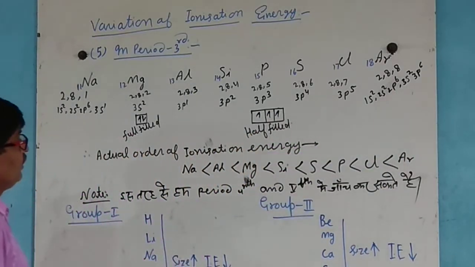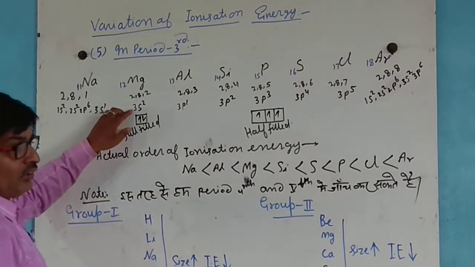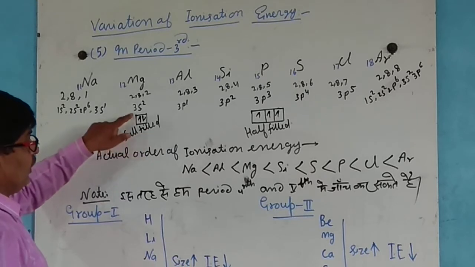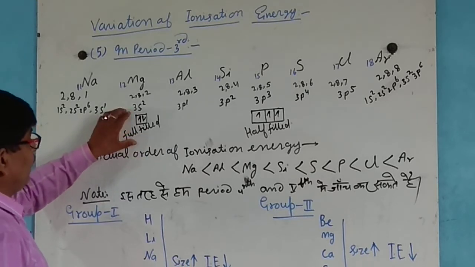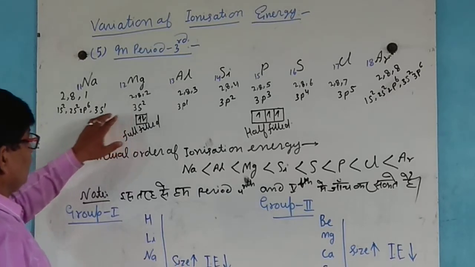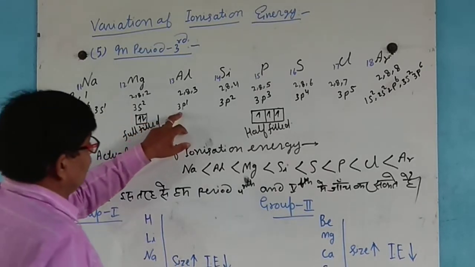Now we see that 3s2 is a fully filled orbital; the 3s orbital is fully filled. This is partially filled, because the p orbital has a capacity of 6 electrons.